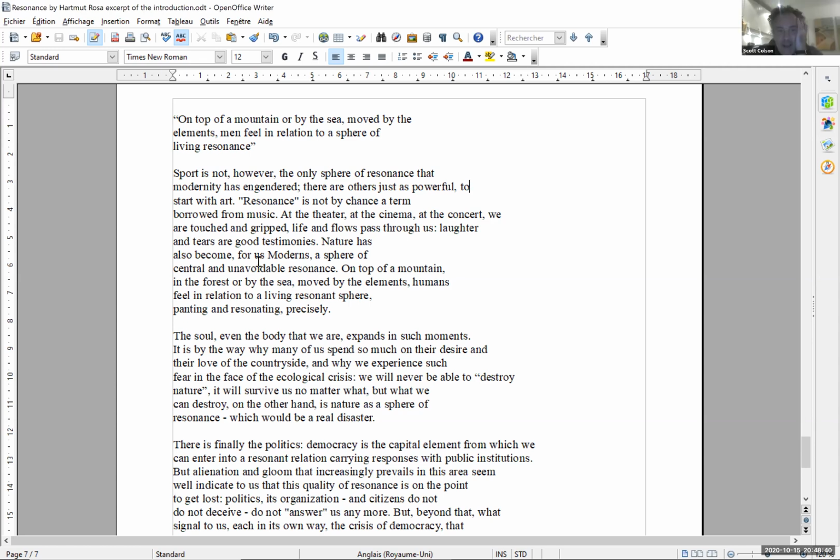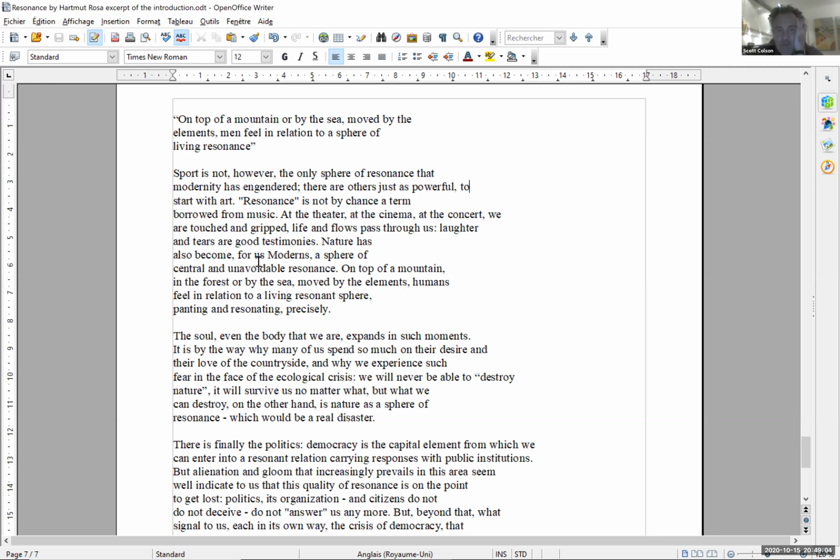Sport is not, however, the only sphere of resonance that modernity has engendered. There are others just as powerful, to start with art. Resonance is not by chance a term borrowed from music. At the theatre, at the cinema, at the concert, we are touched and gripped.